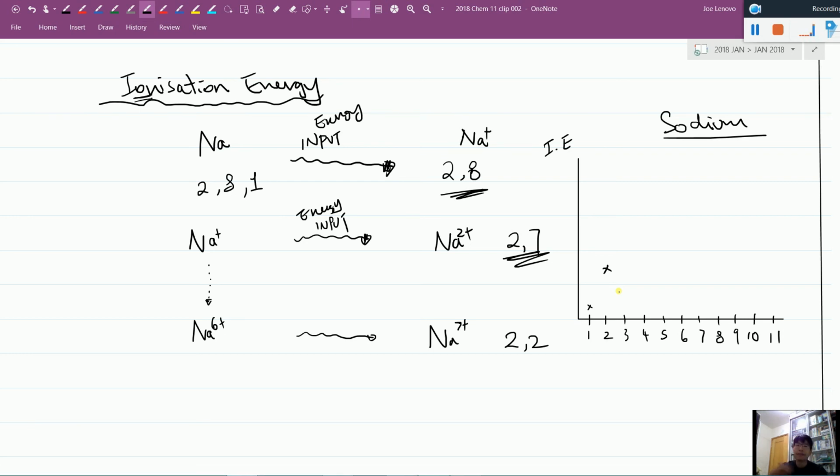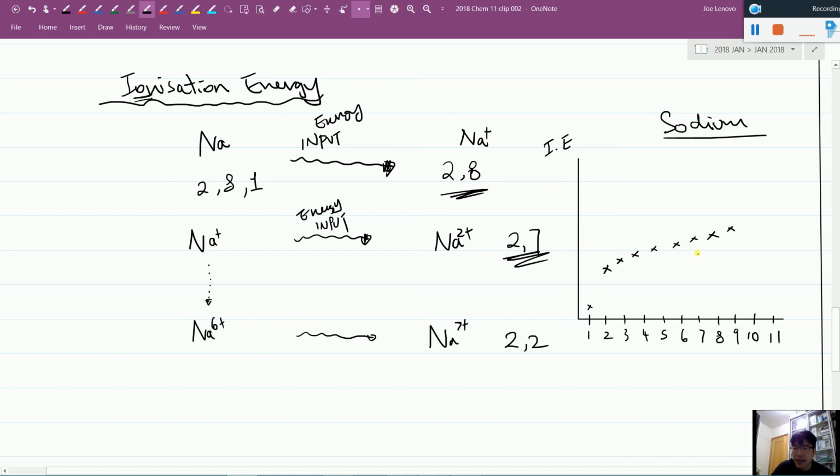Then changing from 2,7 to 2,6 is not really hard because you're losing the octet anyway. Then you'll find that the third one is not that hard. Then the next 7 would be pretty much a steady increase. 1, 2, 3, 4, 5, 6, 7. Then you'll find that, okay, approaching the 4, 5, 6, 7.